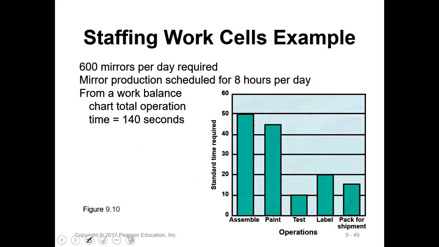That's why you see 50 is larger than 48. If you use one person to take care of the 50, it looks like it's not enough. You need to add one person, or rearrange this cell, to reduce the bottleneck time.